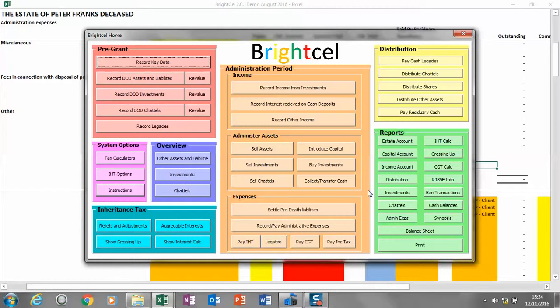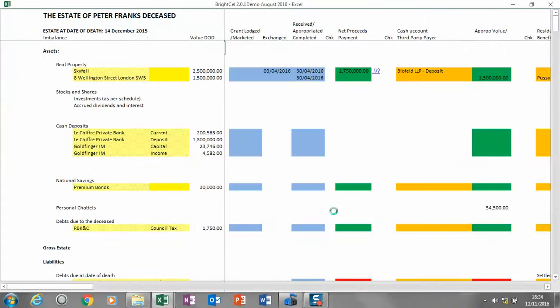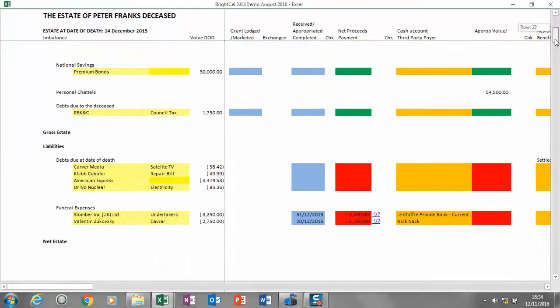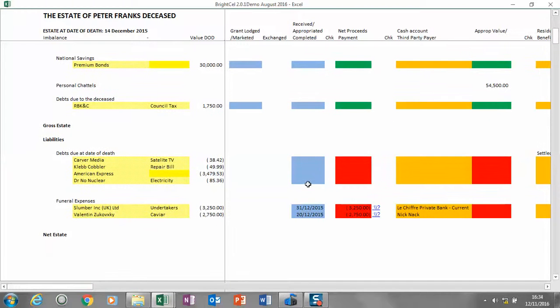But what I'm also going to do, I'm going to use the settle pre-death liabilities. We're going to settle that one out of that same account. There's the electricity.